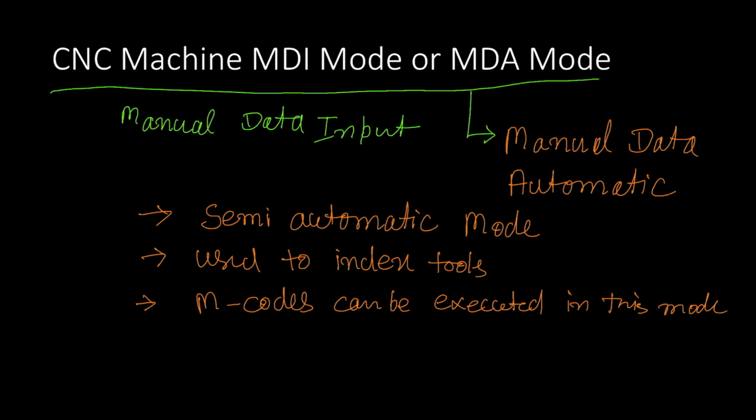First, both mode switch positions involve entering data through the keyboard. With the edit position of the mode switch, a program is entered or modified. With the MDI position, CNC commands are entered and executed.